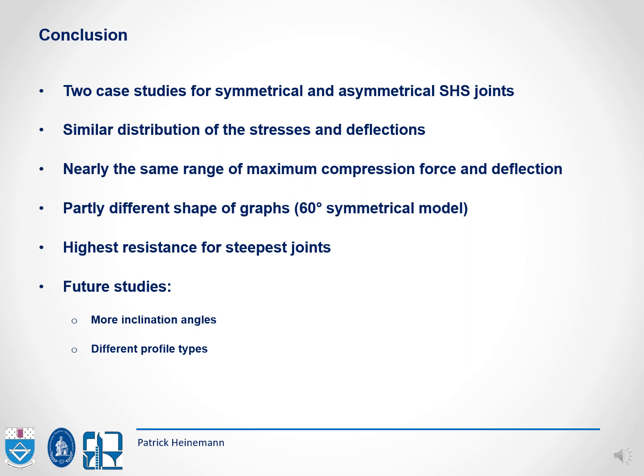Partly there are different graph shapes, especially for the 60-degree symmetrical model, which is a little bit in contrast. There is the highest resistance for the steepest joints. To verify these results, some laboratory tests are needed.